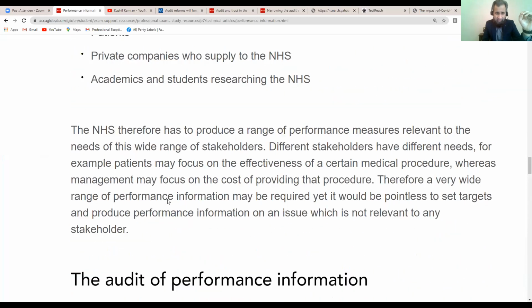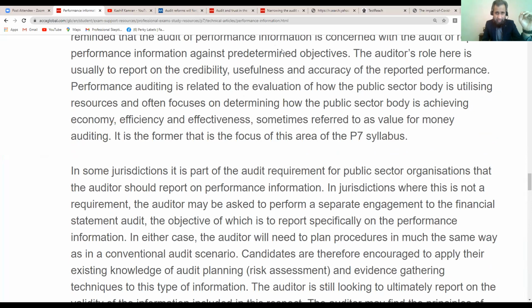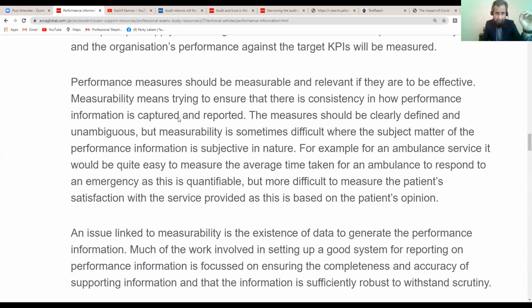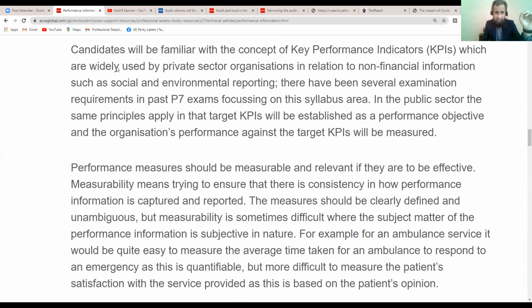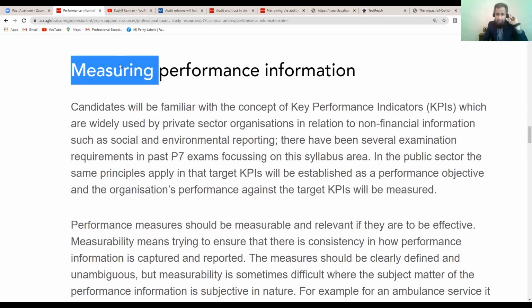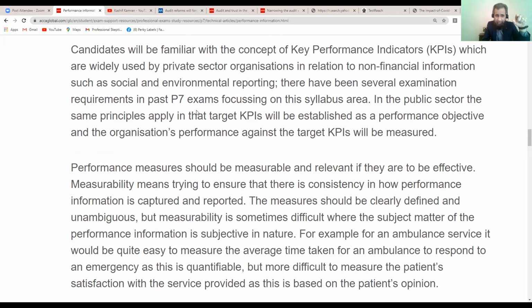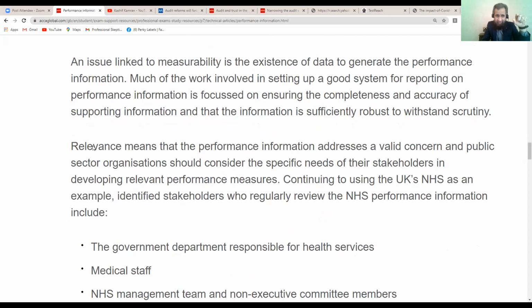You will see a paragraph here, which is about measuring. Can you see measuring performance information as a paragraph, measurability? Right? And in the same paragraph, measurability, can you see a paragraph over here which says relevance? Can you see a paragraph here saying relevance means?